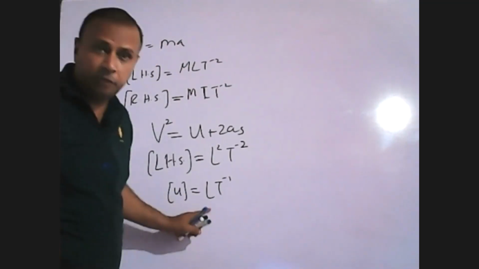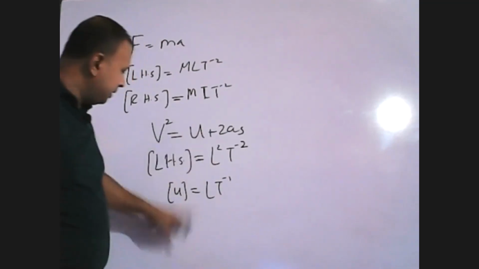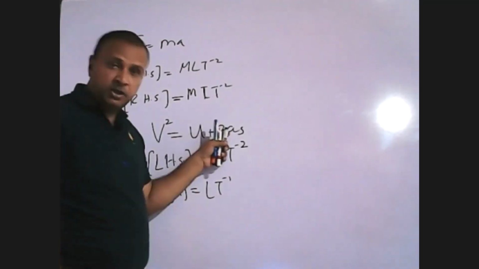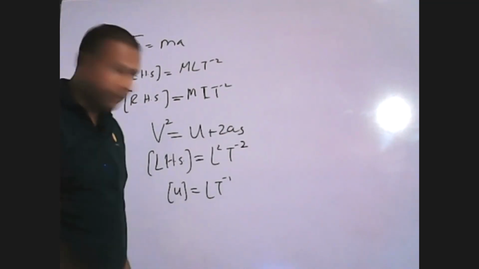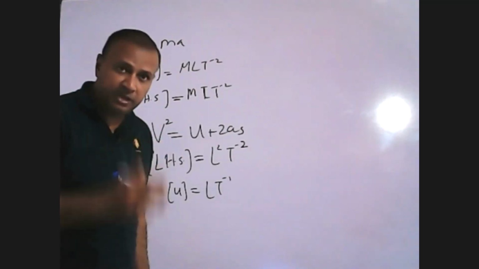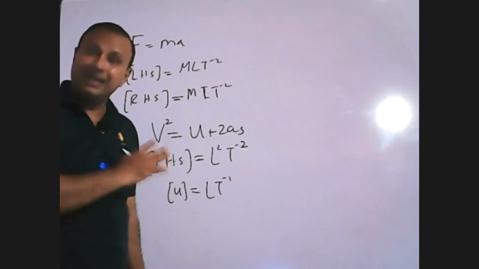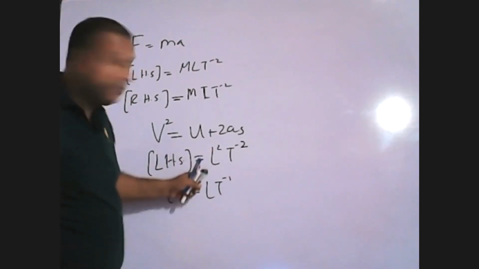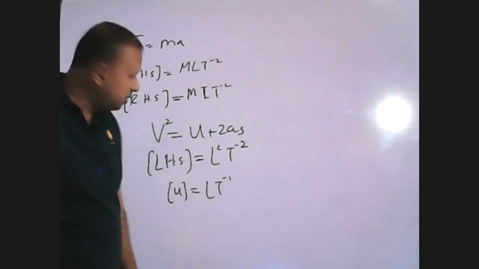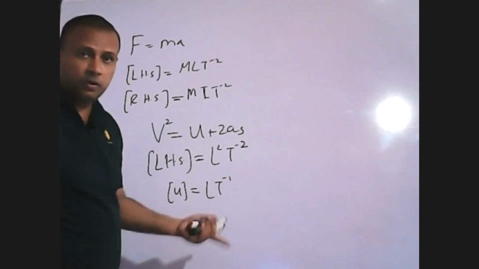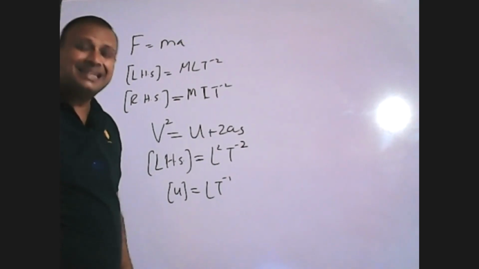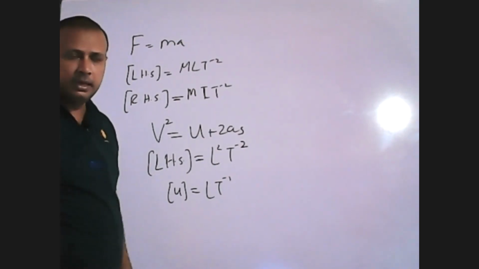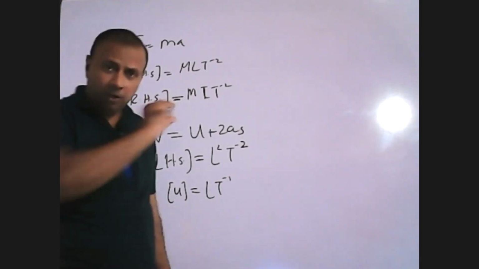After that you can find the dimension of this one too. After finding this, you can say each and every term of this equation does not have the same dimension. So this equation is incorrect.